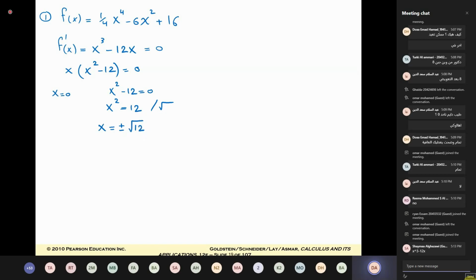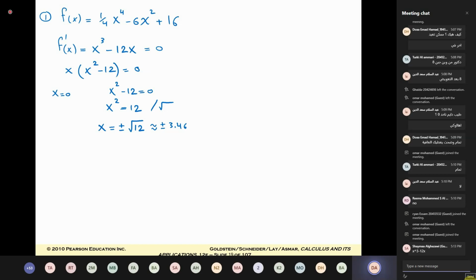Radical 12 خليها radical 12 بس approximate this is positive negative 3.46. This is approximate but keep it as radical 12. Okay.